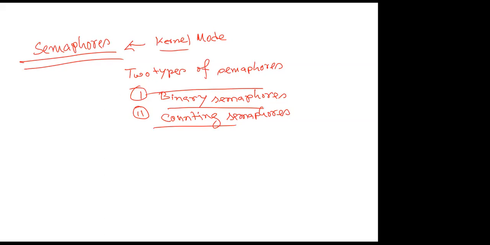Binary semaphore is also known as the mutex. First we'll learn the binary semaphore, then we'll learn the counting semaphore.